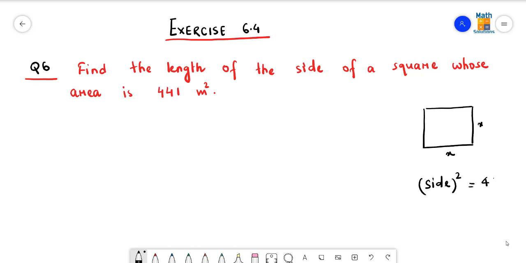Side square equals area, which is given here as 441 meters square. So here I can write x square is equal to 441 meter square. So while finding out the square root of x square, we shall be able to get our answer. So we shall proceed with the solution part next.